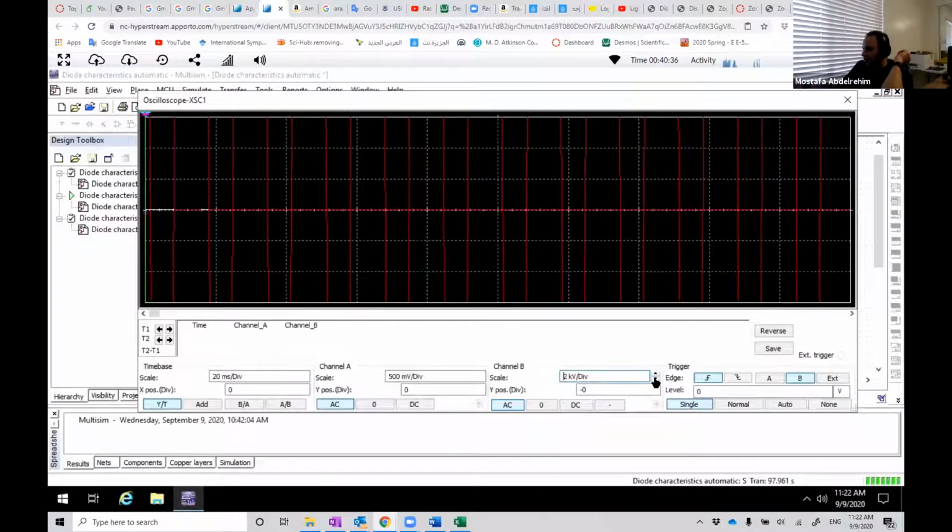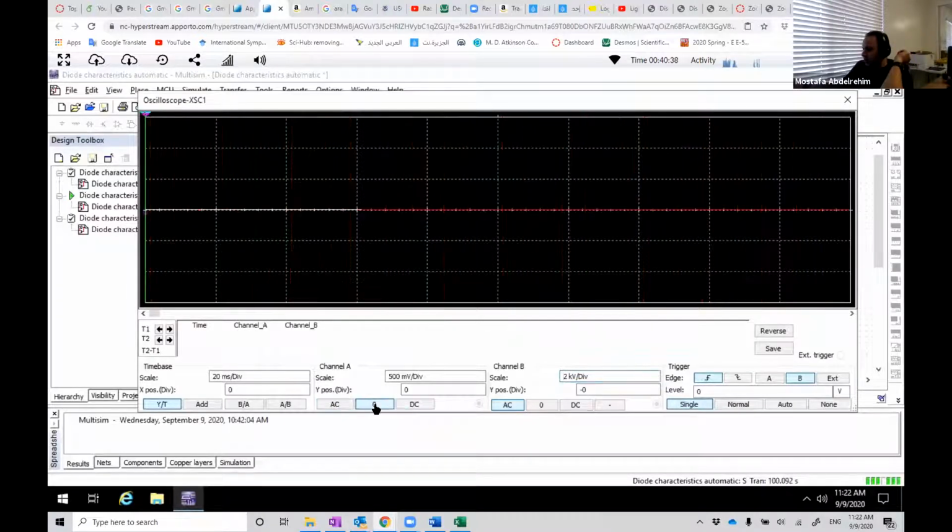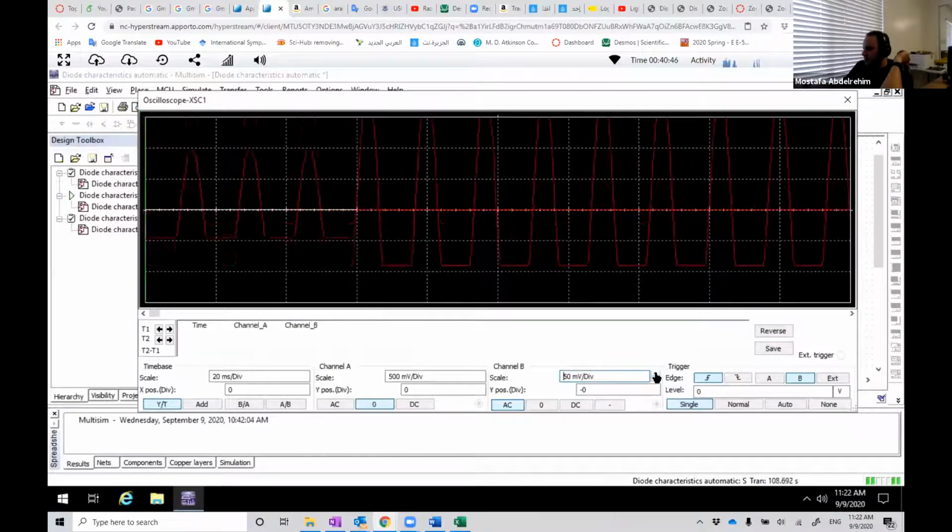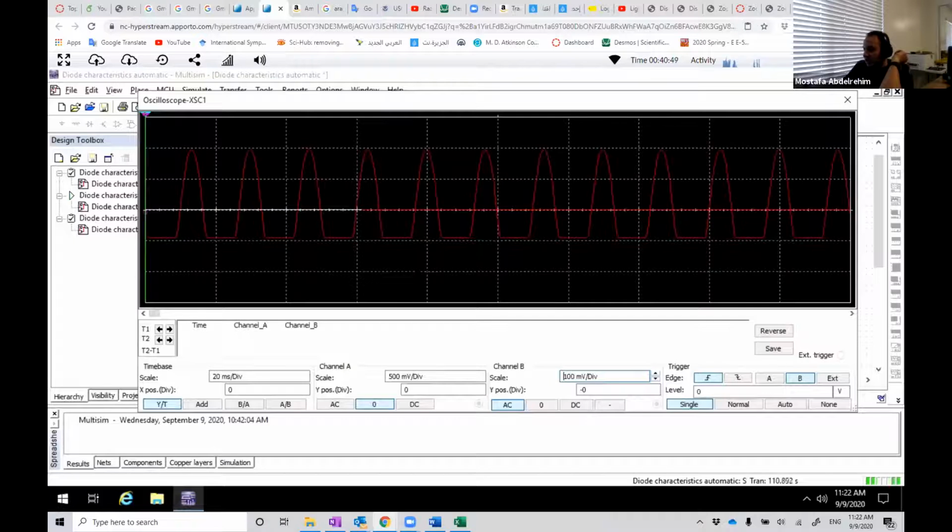For some reason, it doesn't change with me. There is something wrong. Okay, so this is channel B, I'm sorry, this is the voltage across the resistor.